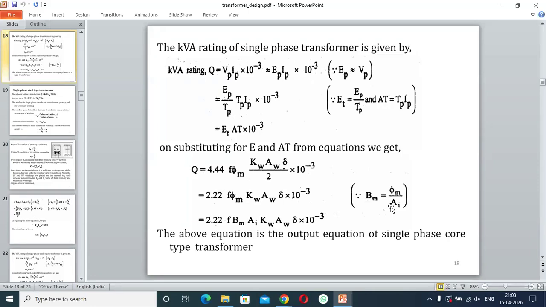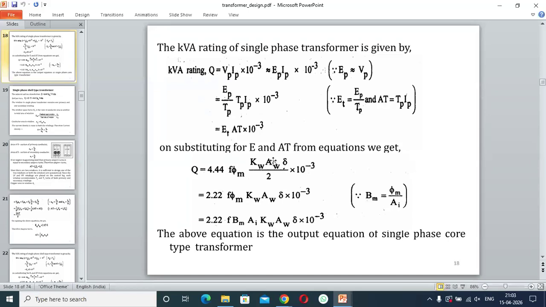So in that equation, the kVA rating can now be given in terms of Et multiplied with AT and multiplied with 10 power minus 3. Et will remain, along with 10 power minus 3 as a constant.